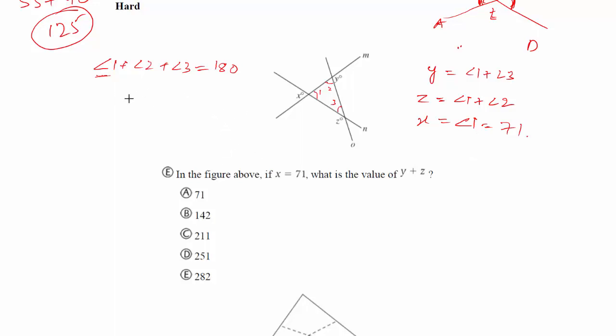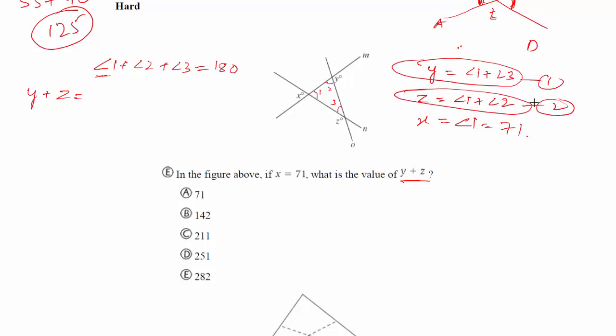We are interested in calculating y plus z, which is equation 1 plus equation 2. So y plus z is equal to angle 1 plus angle 3 plus angle 1 plus angle 2.